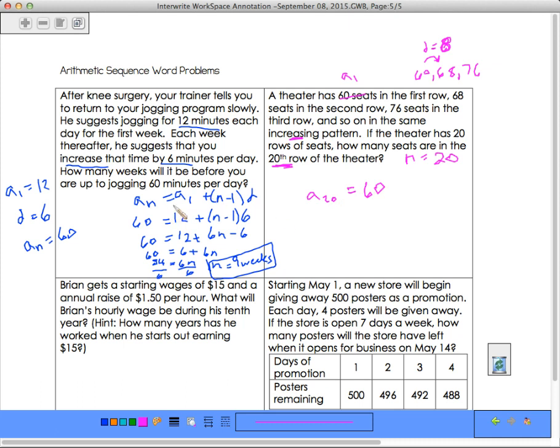Look over here if you need the formula again. Plus n in this case is 20 minus 1 times 8. So that gives me 60 plus 19 times 8, which is 60 plus 152, which gives us 212 seats for an answer.